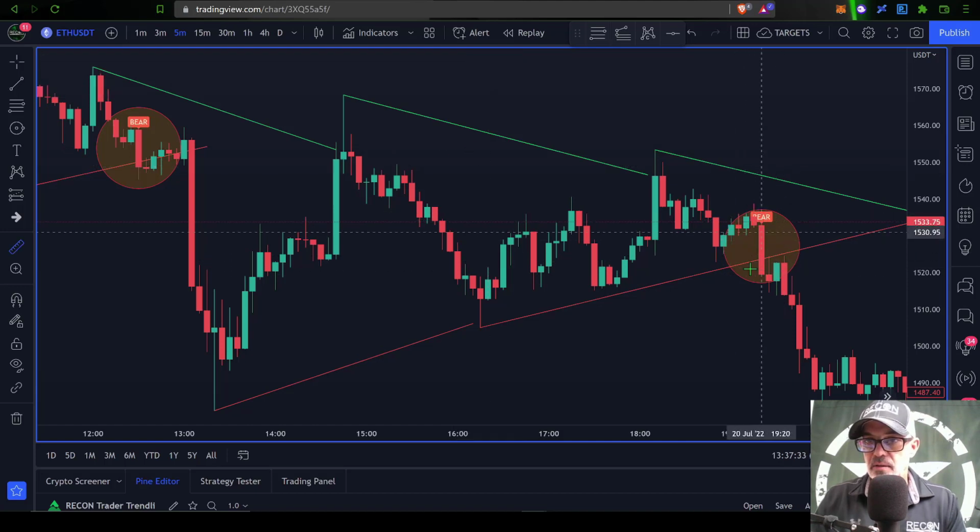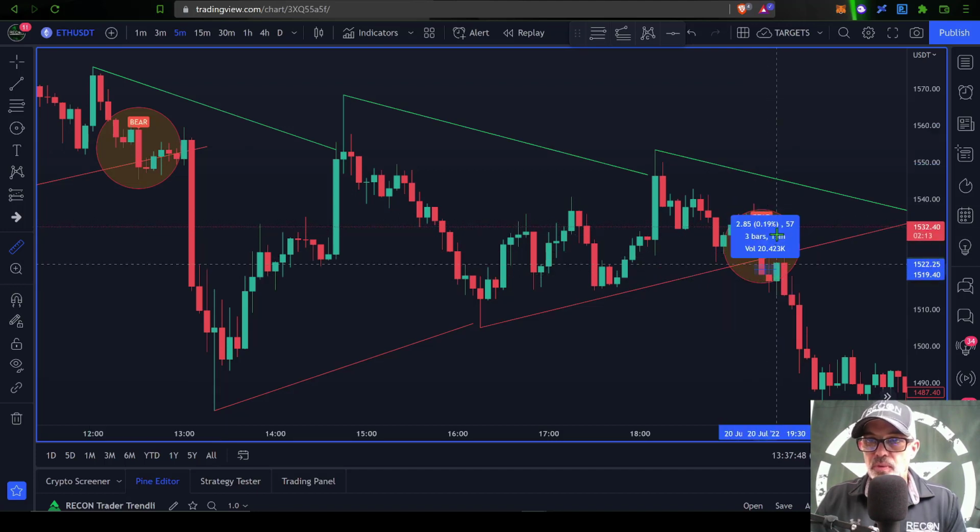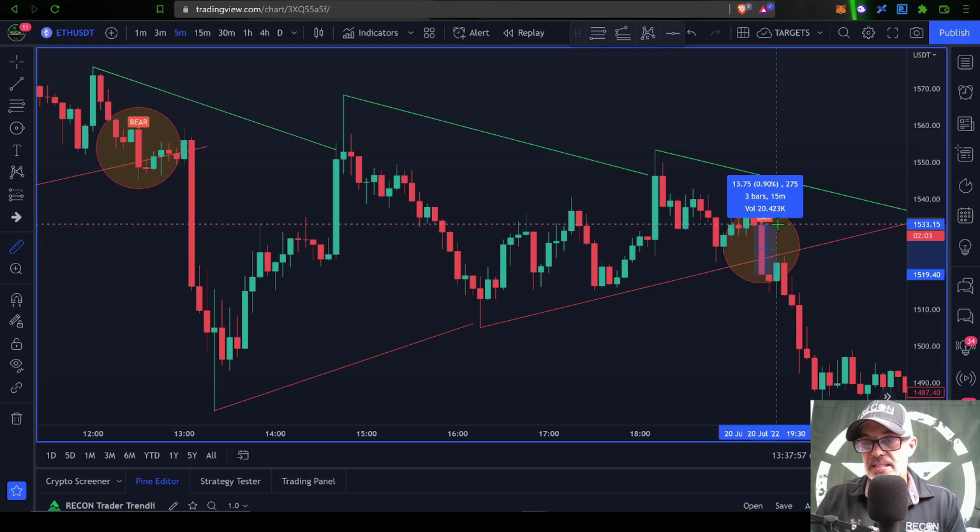Now let's take a look at the next bearish break down below the trend line. If we get our entry price here, and our stop loss would be, if we went to the back of the candle here, we're looking at 0.9%. So that means I need 1.8% to be a winner. Now I would probably not go with that big of a stop loss. That'd be a pretty big stop loss.